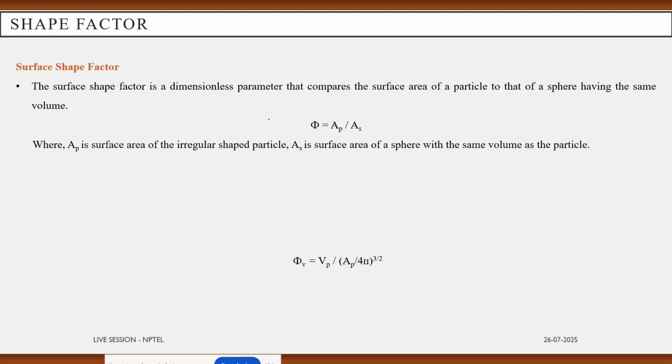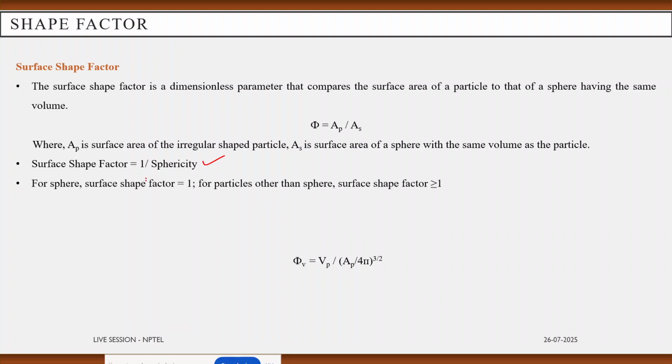So we can also say that surface shape factor equals 1 by sphericity. For a sphere, surface shape factor is always 1 because these two terms become equal.